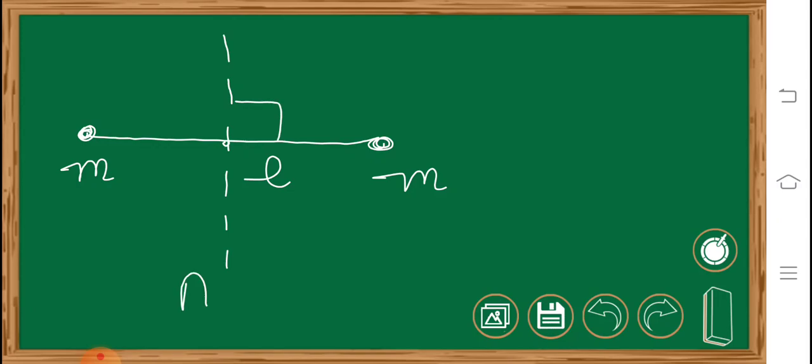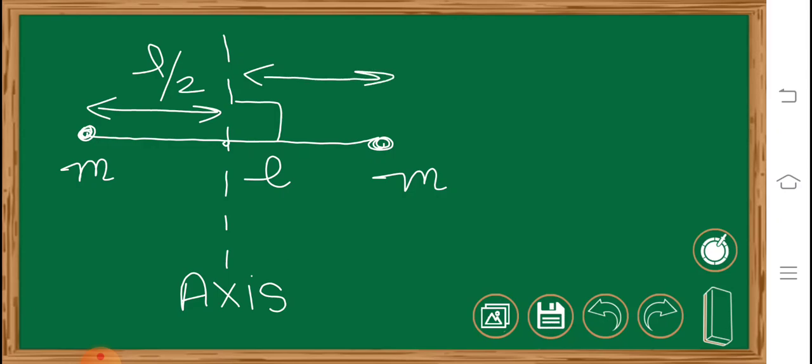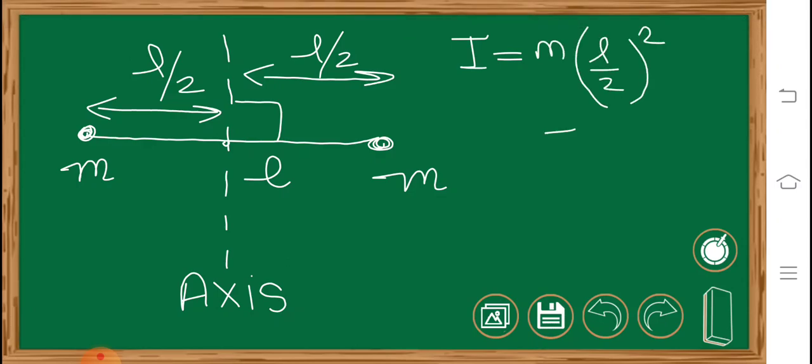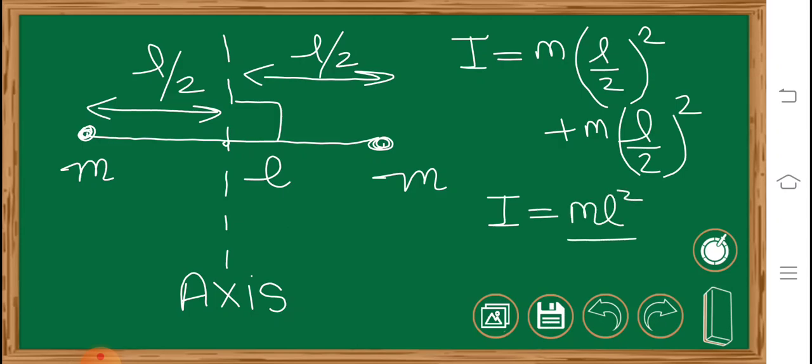So if suppose we consider this as the axis, so we are asked to find out the moment of inertia. So in this case, this particular distance will be L by 2. This particular distance will also be L by 2. So moment of inertia will be equal to m L by 2 square plus m L by 2 square, which gives us m l square by 2.